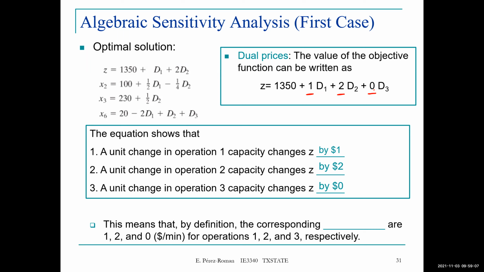And as you can see, based on this information, it looks like operation 2 is the one that's giving you the higher increase in your profit by increasing single units of operation. So this means that by definition, the corresponding dual prices are 1, 2, and $0 per minute for operations 1, 2, and 3, respectively.